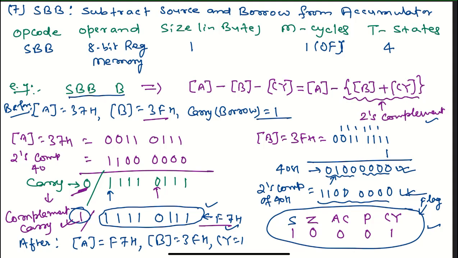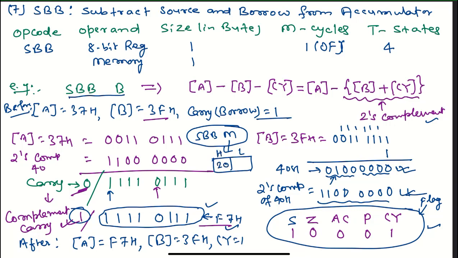Now in the case of memory, we can write it here as SBB M. Here SBB M also contains only English alphabet, so its size will be one byte only. But here the machine cycle will change, because this M, as I had explained, is the memory location pointed to by the content of the HL pair.